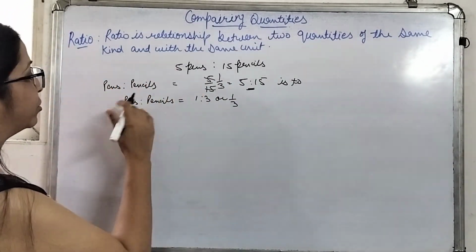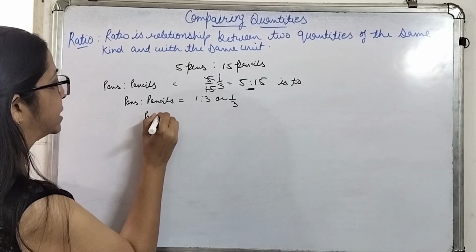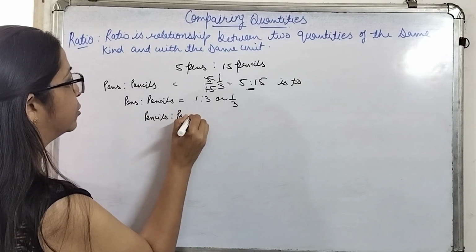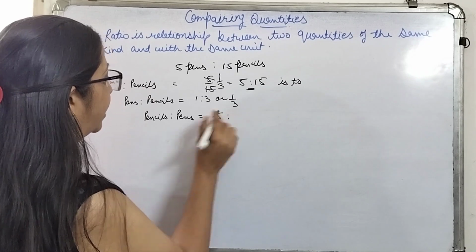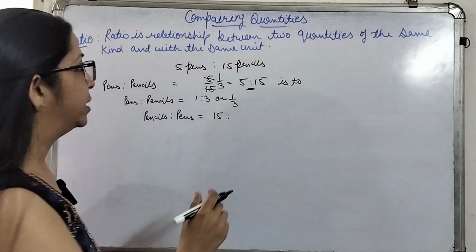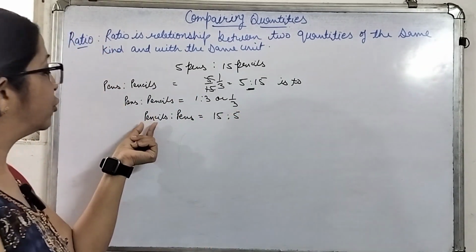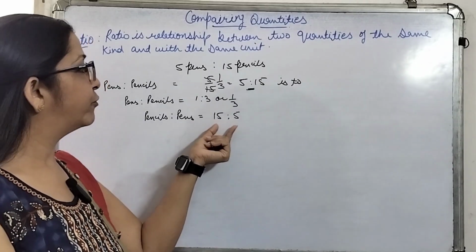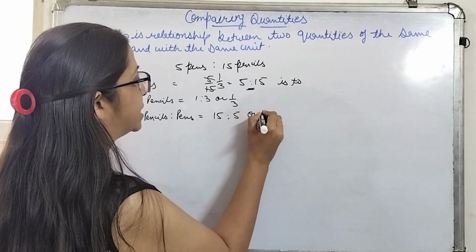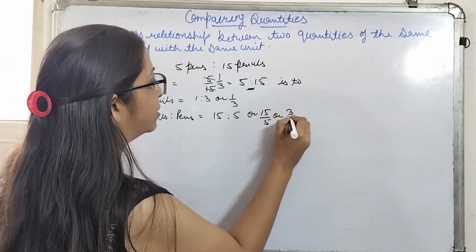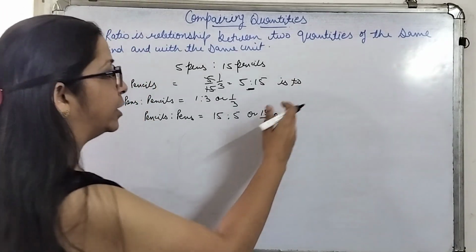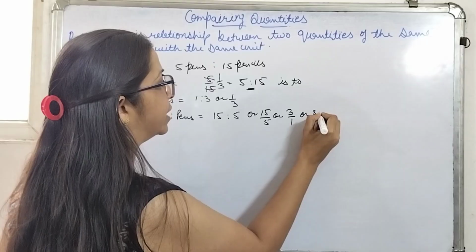Or if we are going to write it as the ratio of pencils to pens, the number of pencils will come first, that is 15, and the number of pens will come later, that is 5. So the ratio of pencils to pens will be 15:5, or we can say 15/5, or we can say 3:1 also, 3/1 or 3:1.